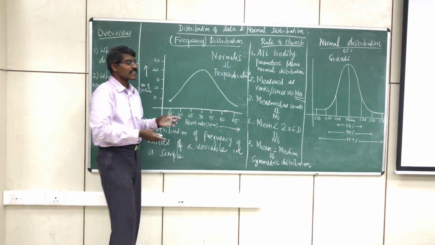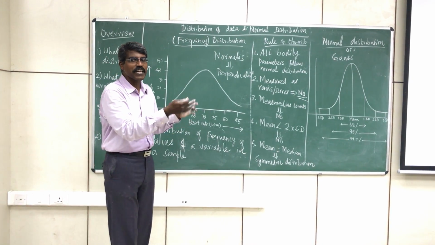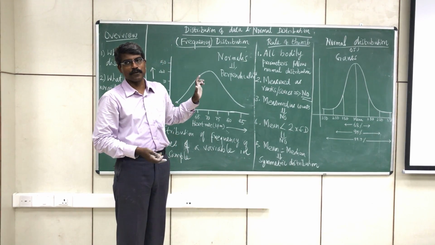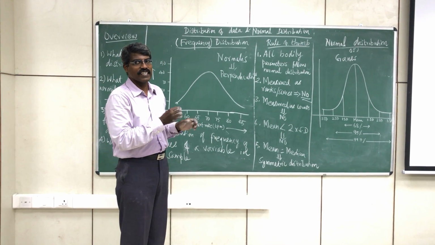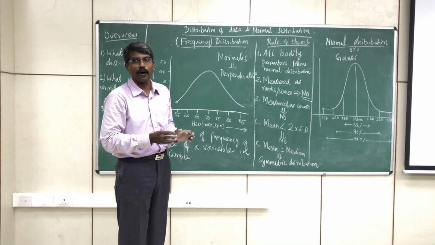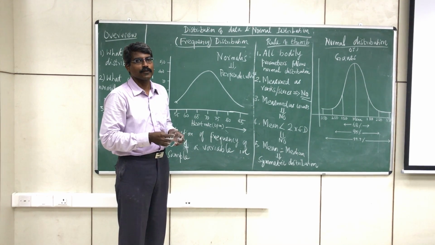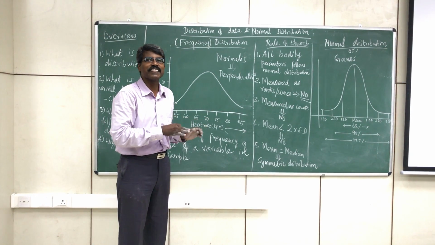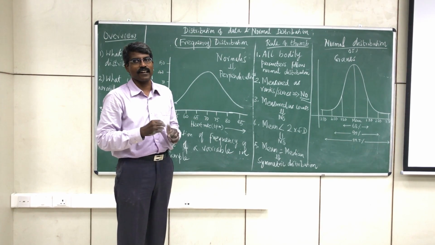So as Gauss explained this by erecting perpendiculars on both sides of the mean, he named it normal distribution. Please remember that this word normal does not have any relation to clinical normality. So even if data does not follow normal distribution, there is nothing abnormal about that data.